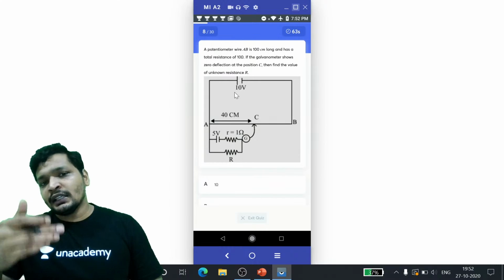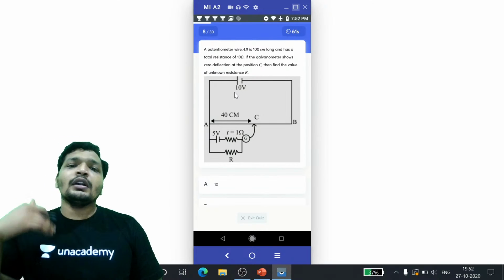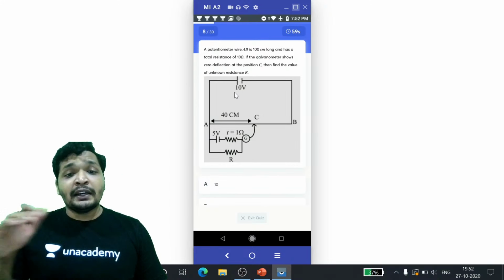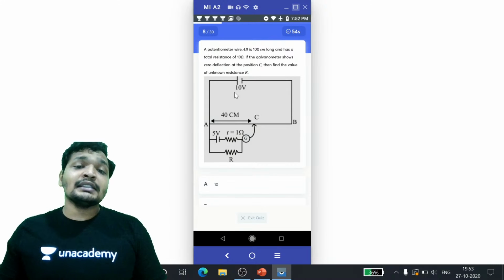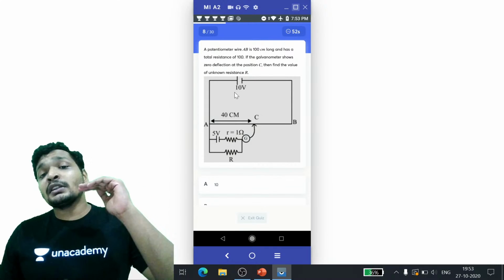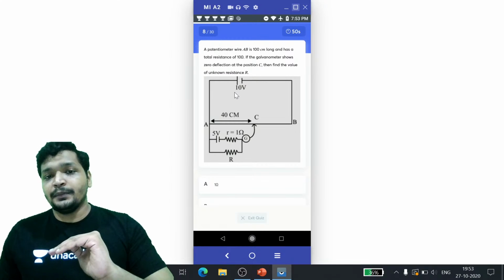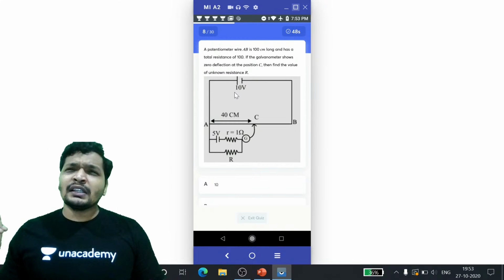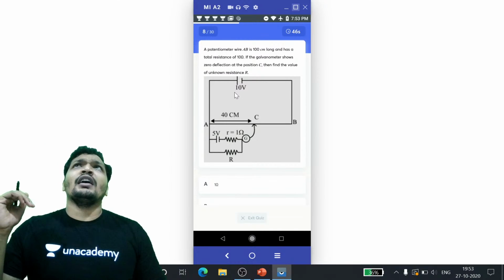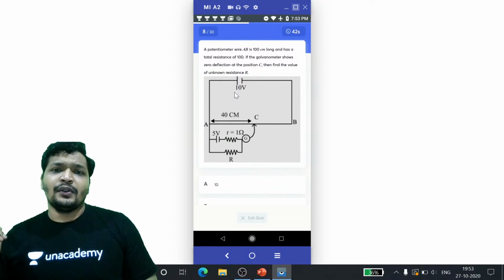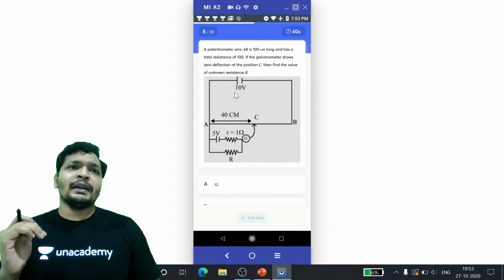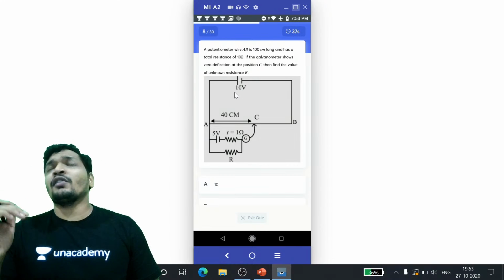For example, in one case it would be I divided by 2 plus 4, that is I by 6 into 2, which is I by 3. In the other case it is going to be 2I by 3, through the 2 ohm resistance. Similarly, I believe there was 5 and 3, so 5 by 8 and the other one would be 3 by 8. Highest is going to be 2I by 3, which is about 66%, compared to 5 by 8.